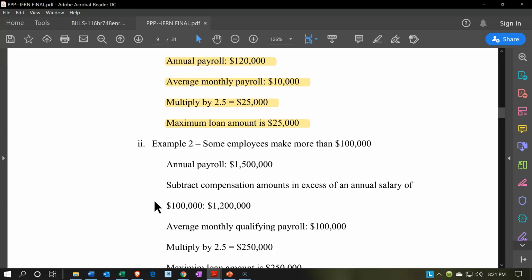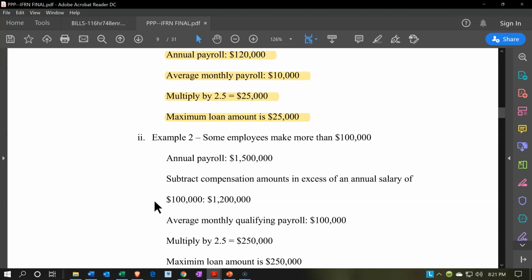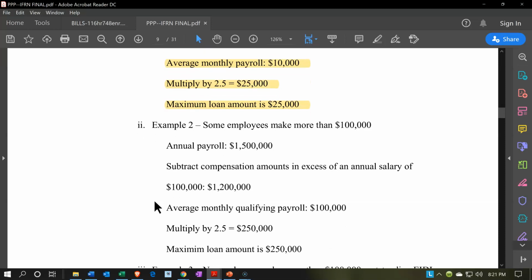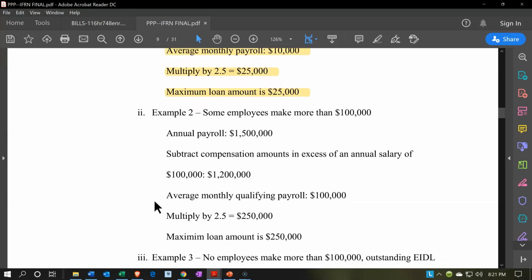The way you probably do this in practice is just make a spreadsheet and cap everybody off at 100,000. So you say, if they make more than 100,000, cap it at 100,000, and then you'd add up everything, and everybody that made more would be at 100,000. All right, so they say that's going to be the 1,200,000. Average monthly qualified is going to be the 100.